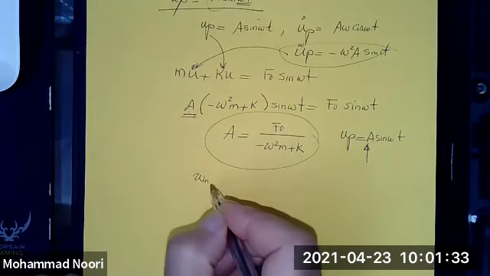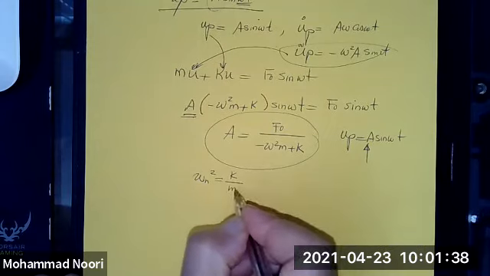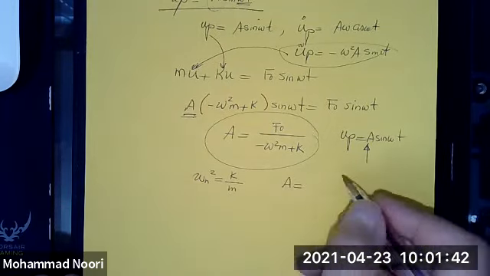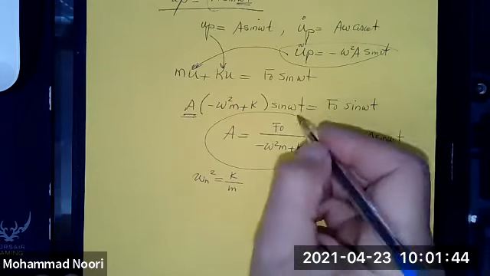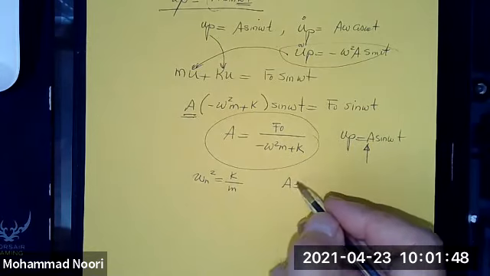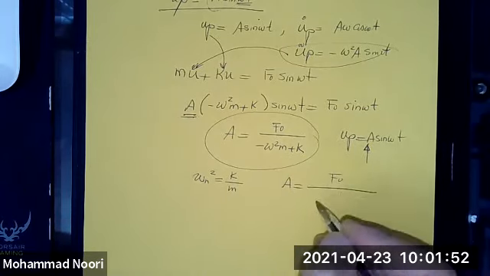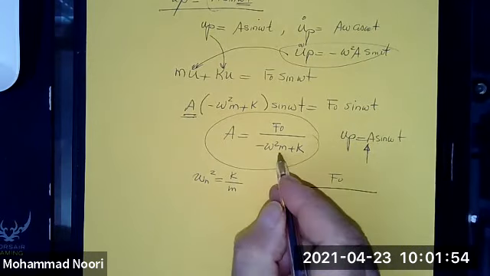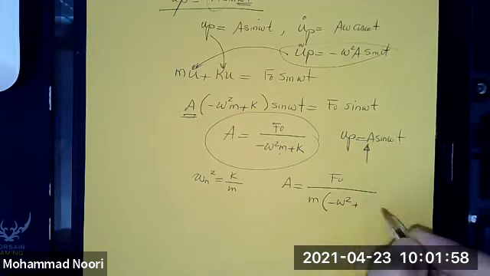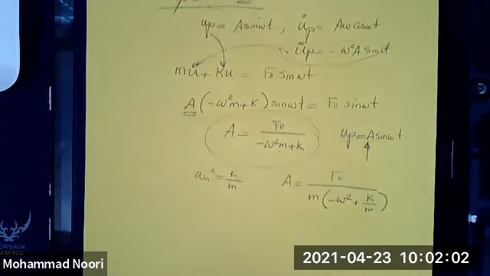We know omega n squared is k over m, okay? So if I write this as A, which would be F0 over, I would factor out m here. I end up with negative omega squared plus k over m, okay?